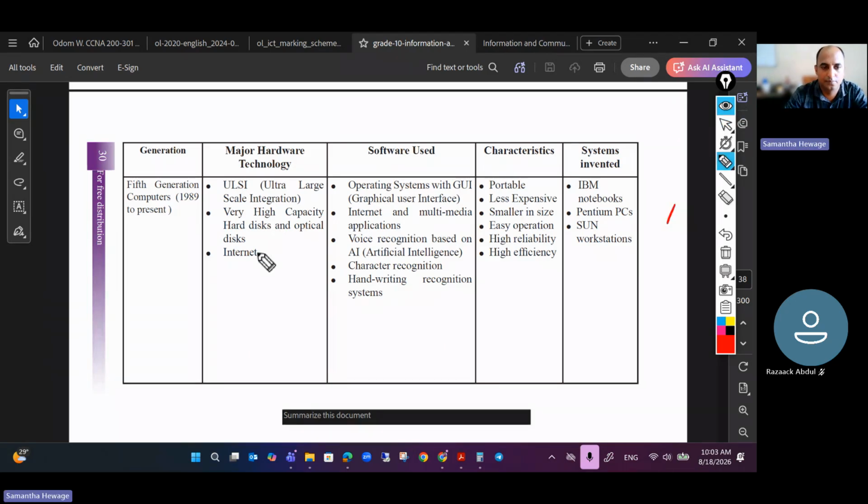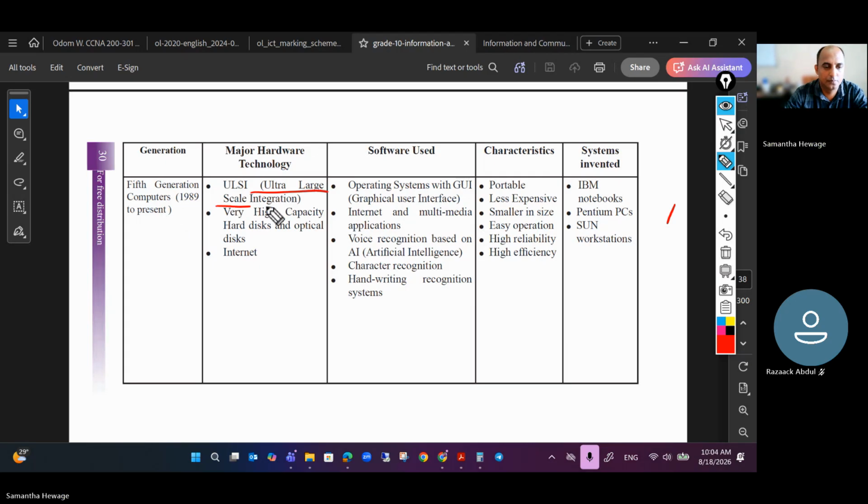Fifth generation. Fifth generation computers in present. Ultra large scale integration. See, now you have to remember these three. Third generation, integrated circuit introduced. Birth of the integrated circuit comes in third generation.